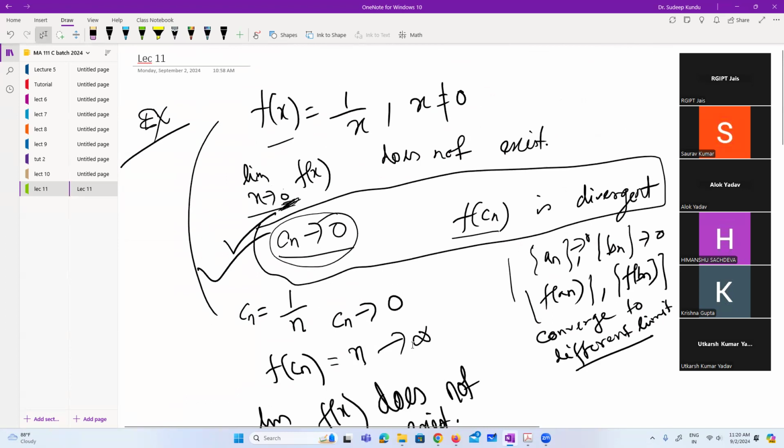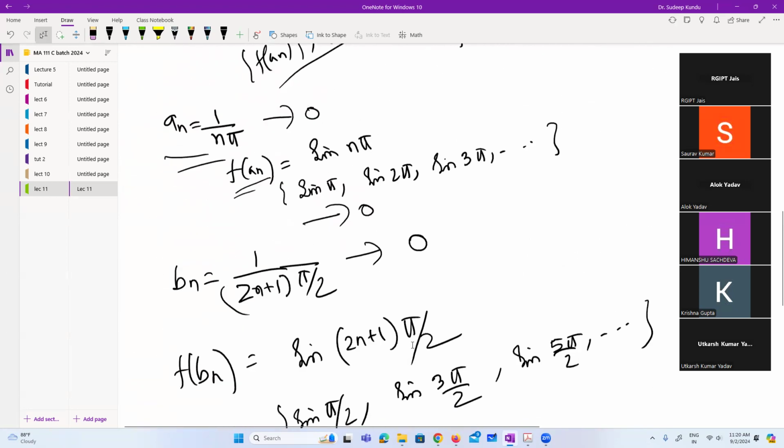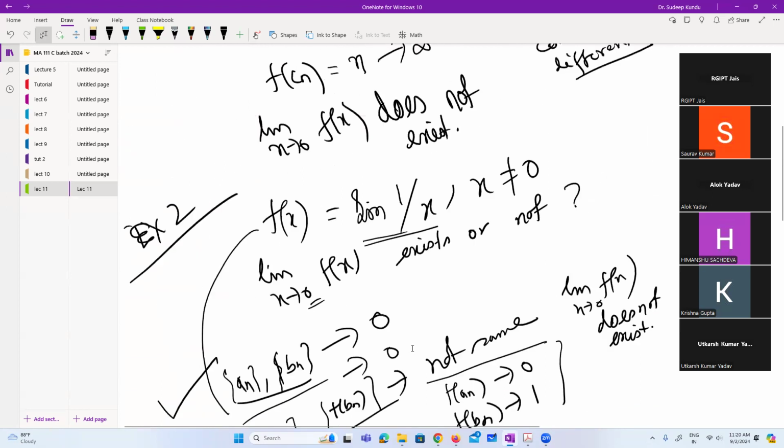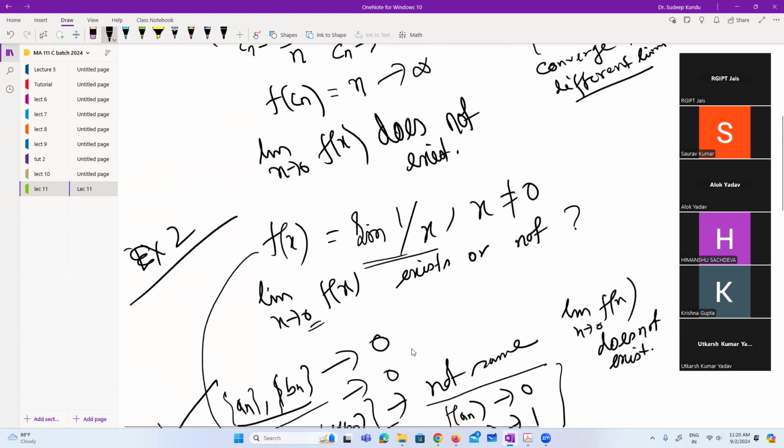Sir, in place of an and bn, we can choose any function. So you have to see in the question where x tends to; here it is given 0.